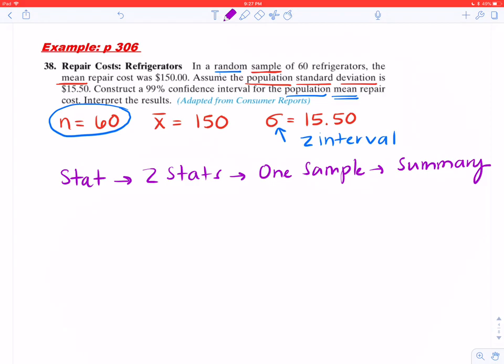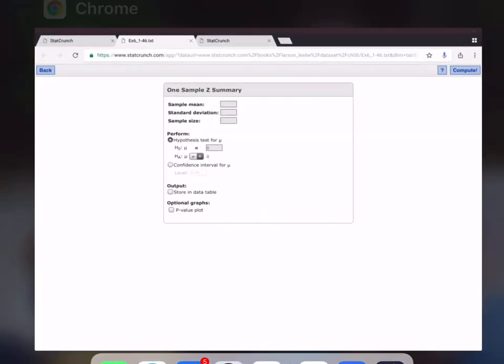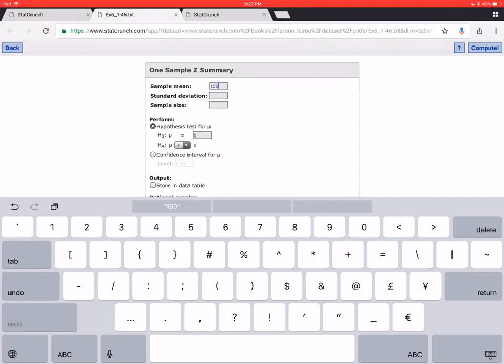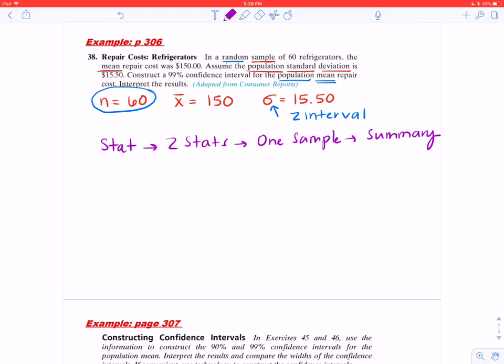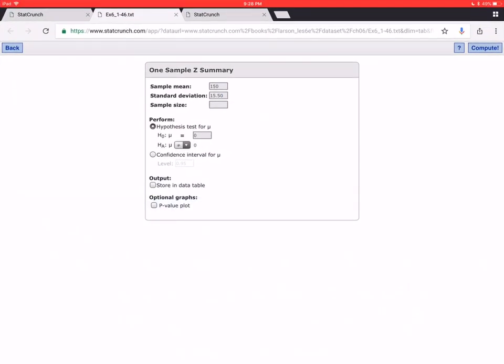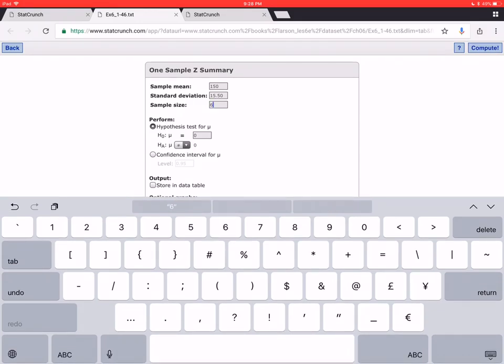All right, now I'm just going to input my information, and I've written everything down already. So I have a sample mean of 150. I have a population standard deviation of 15.50. All right, I'm just pulling that from my problem, and I have a sample size N that is equal to 60.